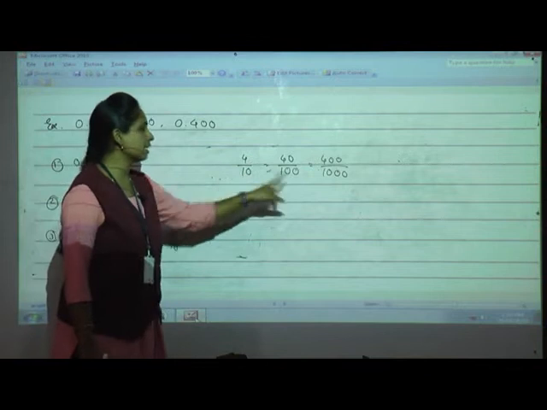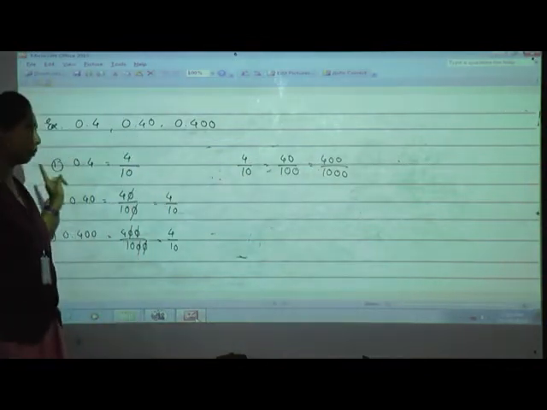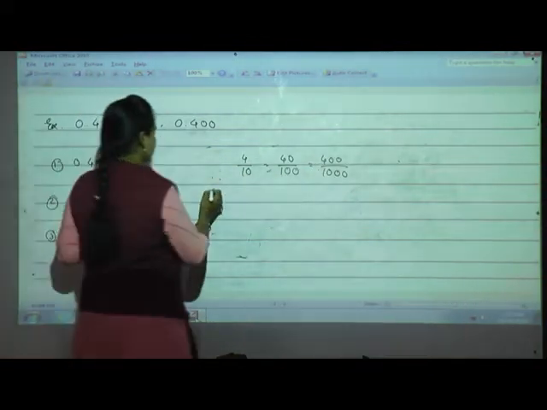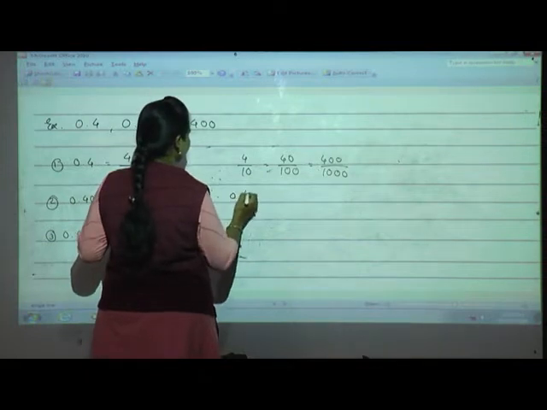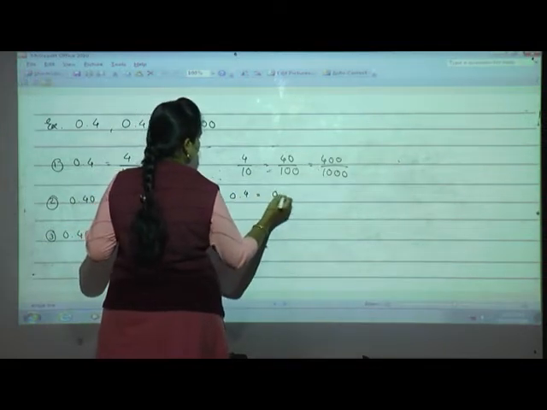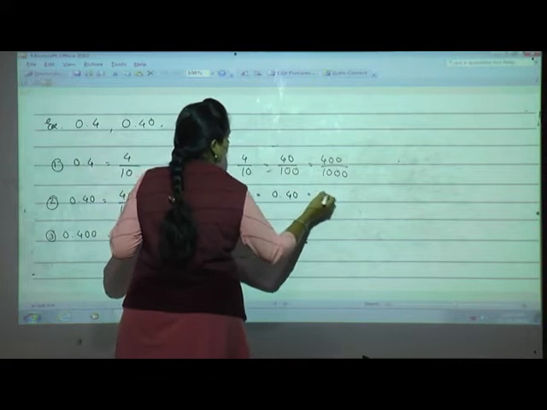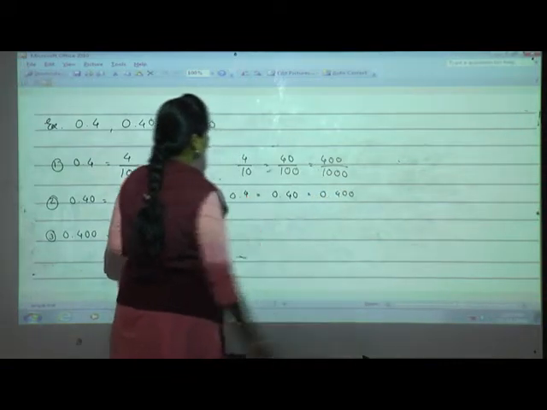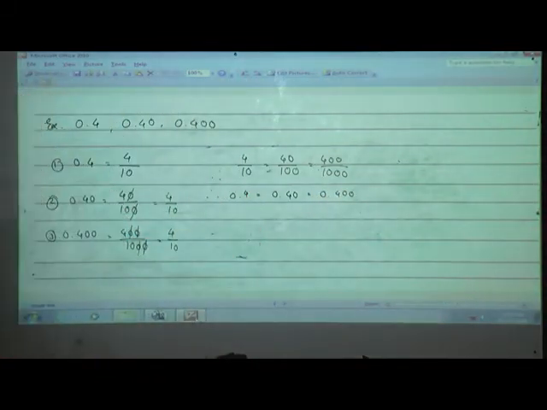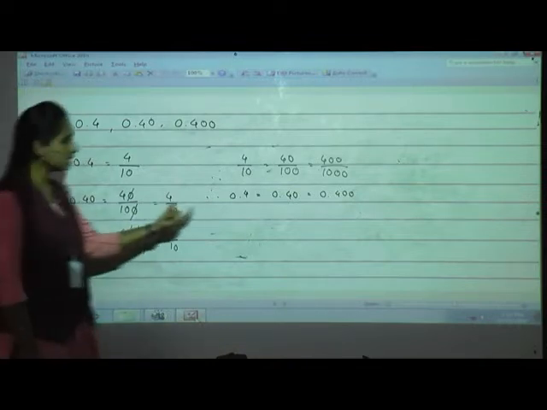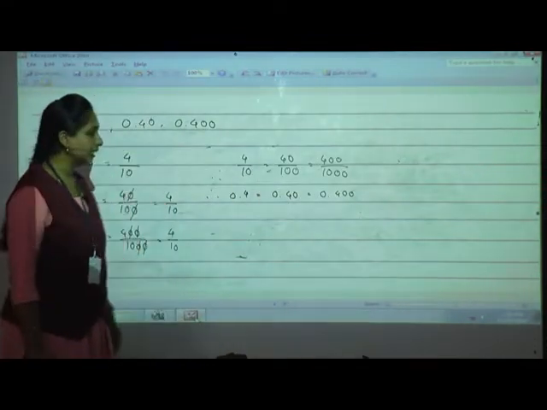So these three fractions are equal. Therefore, we can say that 0.4, 0.40 and 0.400, these three decimals are equal. Equal means what? What are we studying? Equivalent decimals. So these three are equivalent decimals.